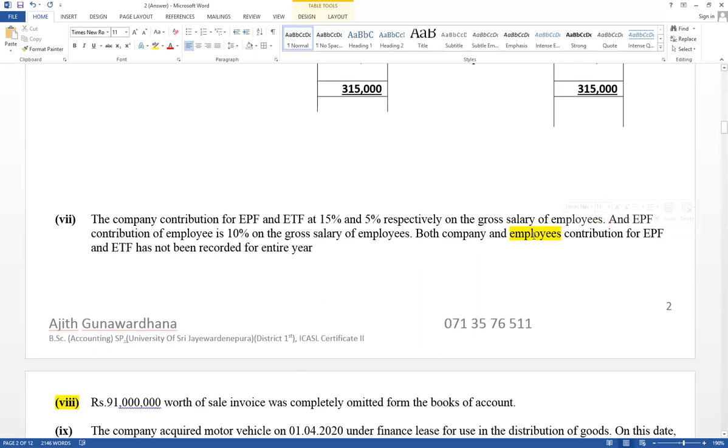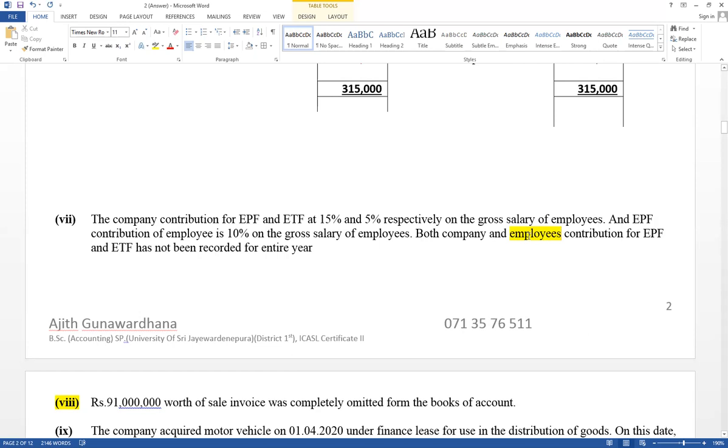Cash account credit, salary account debited. But EPF contribution of employee also effects salary accounts. Normally contribution of employee for EPF, salary account debit, EPF payable account credit. But in this example, it has not been recorded.